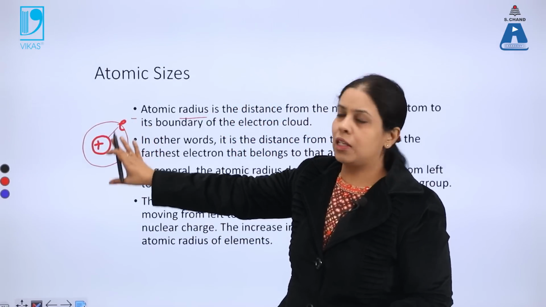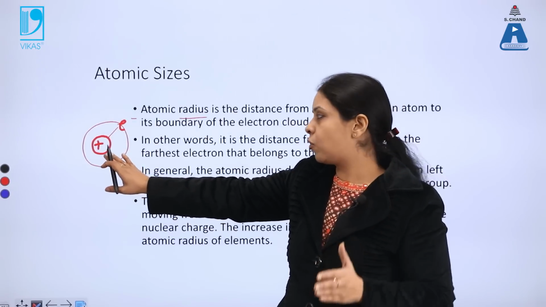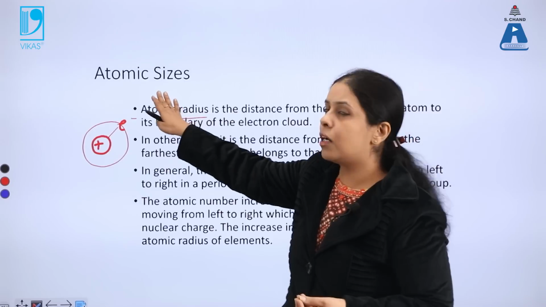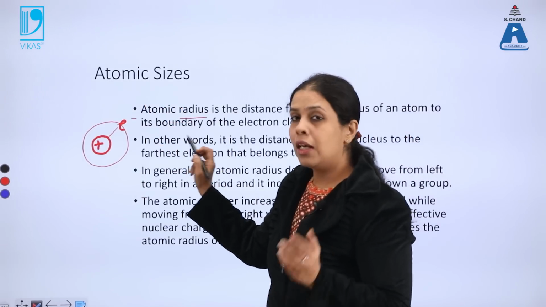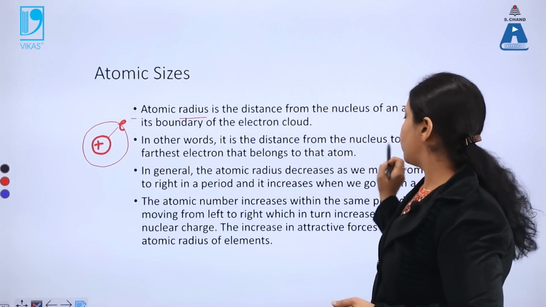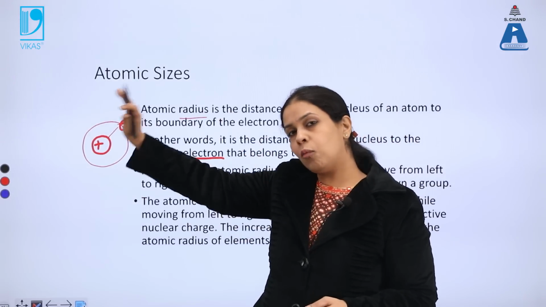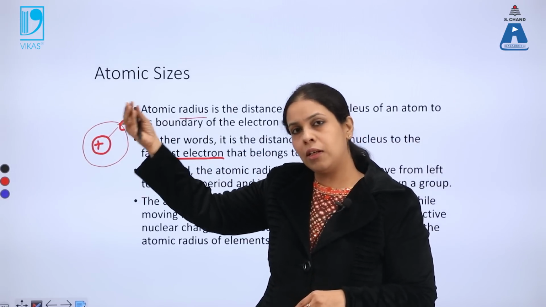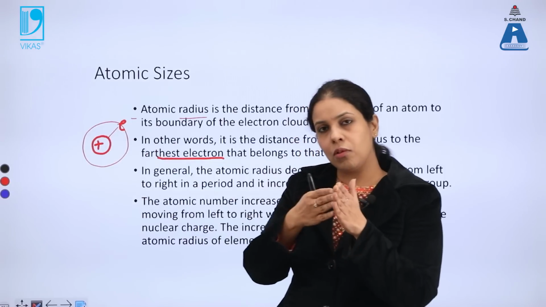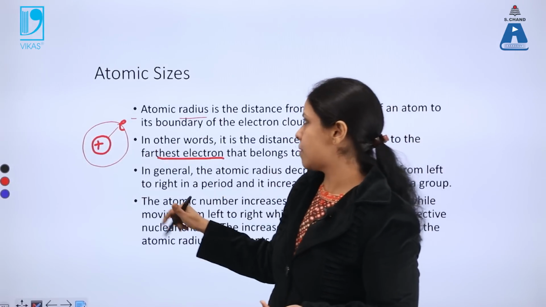The distance from the nucleus to the farthest electron defines our atomic size or atomic radius. In other words, it is the distance from the nucleus to the farthest electron that belongs to that atom, and that defines our atomic size.